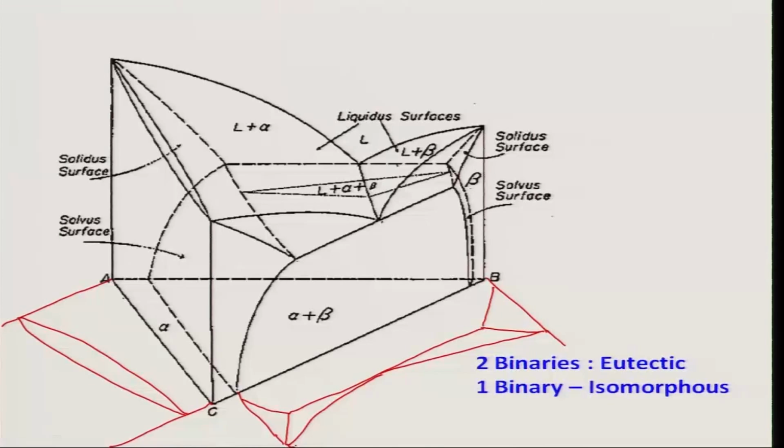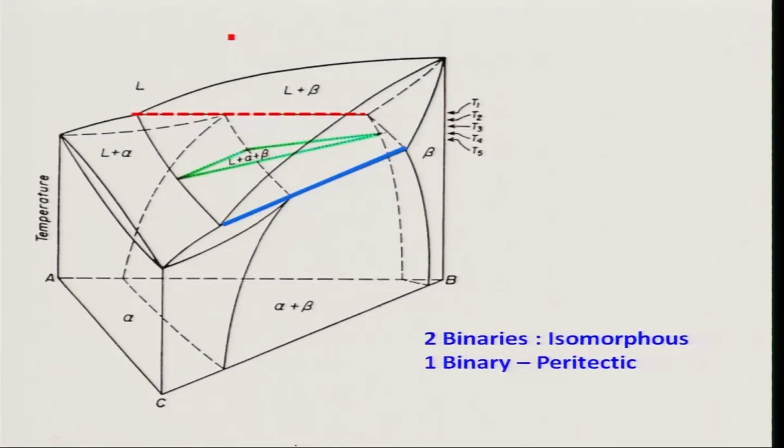Third one I am not drawing, and then we also have a 3-phase equilibrium at the center. So the first one was two binaries isomorphous, one eutectic; the second one was 2 binaries eutectic, one isomorphous. Third one is that 2 binaries will have isomorphous systems, but one binary will have peritectic.